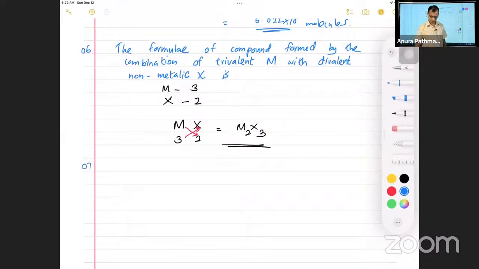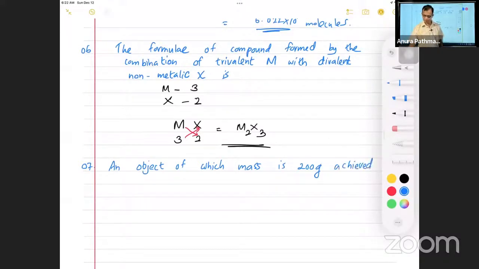Question 7. An object of mass 200 gram achieved 3 meters per second squared acceleration.